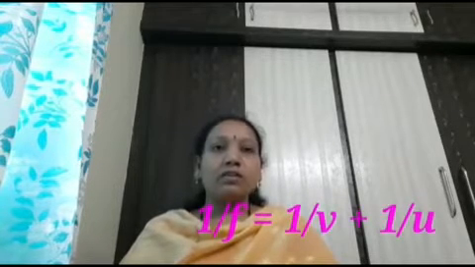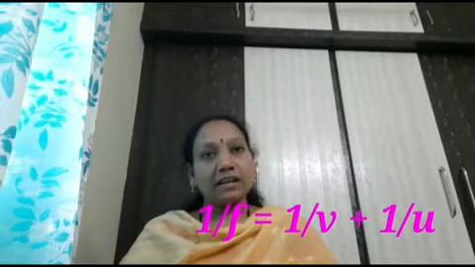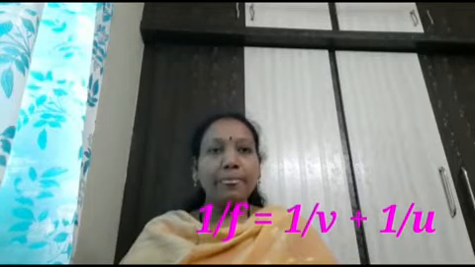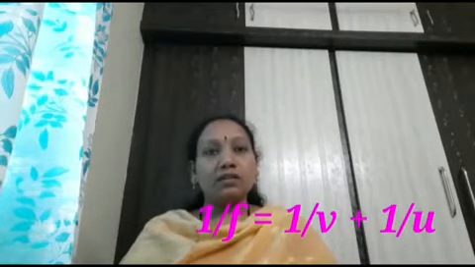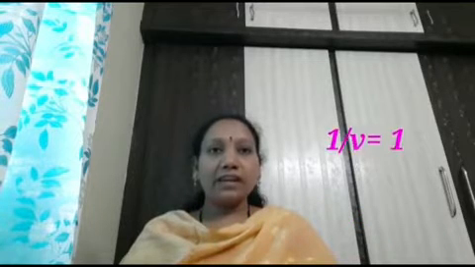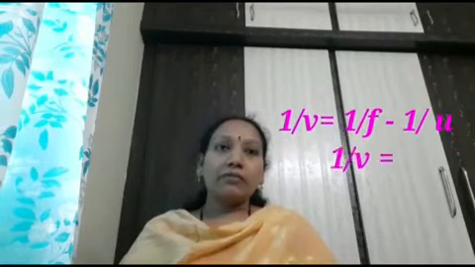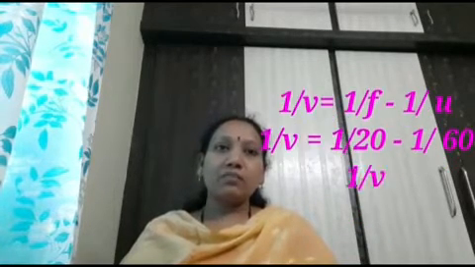Then apply the values in the formula. Then 1 by v equals 1 by f minus 1 by u.